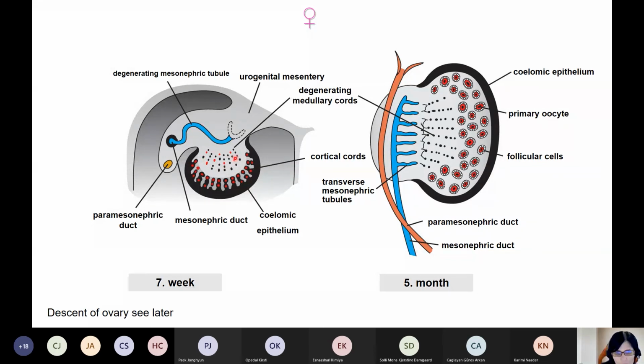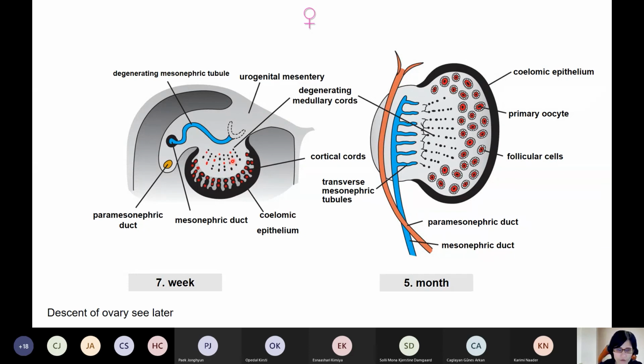They are the medullary cords, which in case of the testis will remain and will give the seminiferous tubules later. But in case of the ovary, these medullary cords originating from the primitive sex cords will disappear, they will degenerate. And here in this area, we will see blood vessels, nerves.